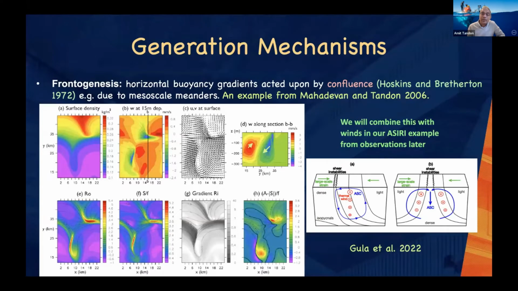On the left in the cartoon sketch is a single front, on the right is what happens if you put two fronts side by side, and that leads to an even stronger ageostrophic circulation, very strong downwelling for a dense filament.